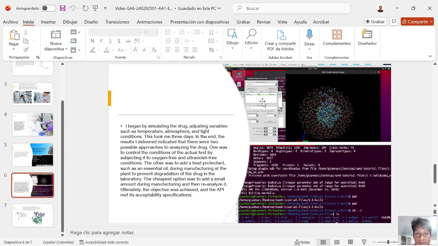The cheapest option was to add a small amount during manufacturing and then reanalyze it. Ultimately, the batch was released and the API met its acceptability specification.